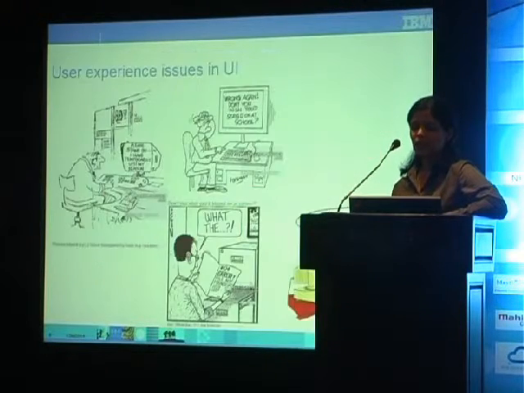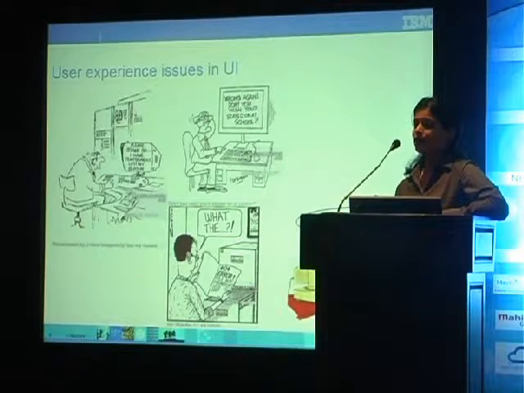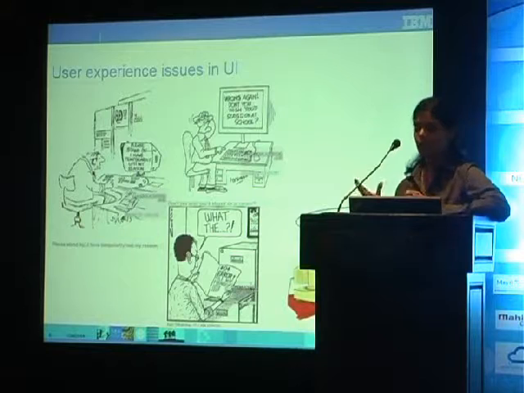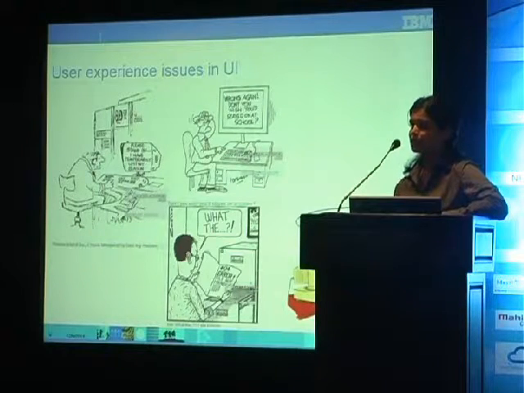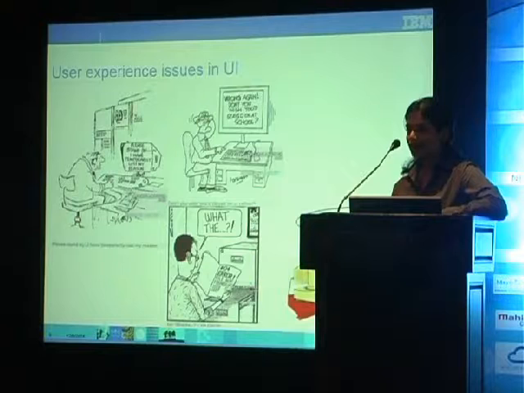So now let's look into some of the issues where customers are really facing problems. Now, one major issue that customers are having is obviously with the user experience itself. Because they do have lots of issues when they interact with the user interface, that's the time, of course, they refer to the manuals.